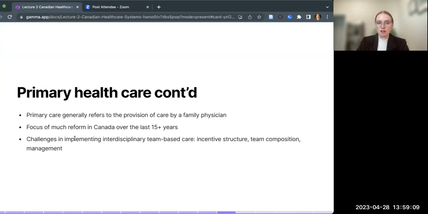But we are still seeing challenges in implementing interdisciplinary team-based care, such as incentive structure, what's the right team composition, who decides what the team composition is, management. So again, if we don't incentivize people well, then these things probably won't happen, if we don't create structures that support rather than deter things like interdisciplinary team-based care.